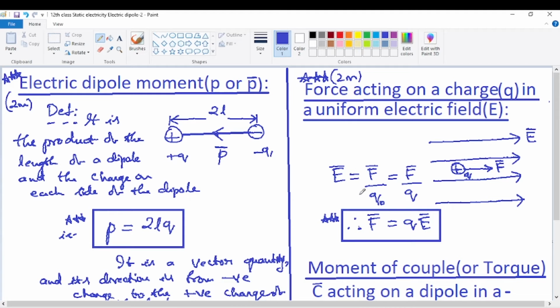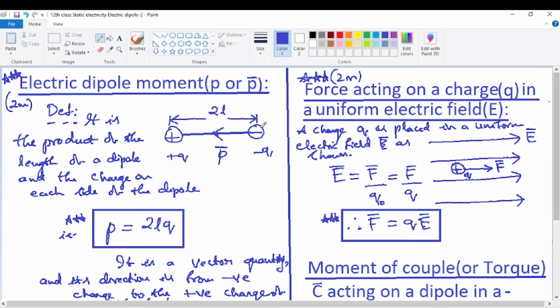So now the derivation is just in two steps. A little two-line explanation should be given. So a charge Q is placed in a uniform electric field E bar as shown.